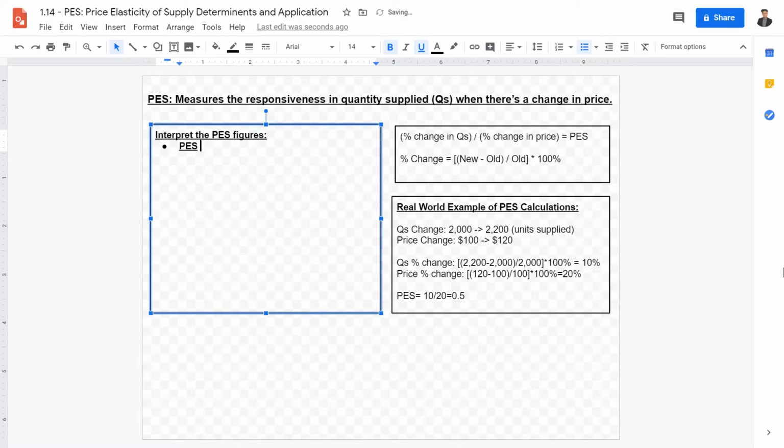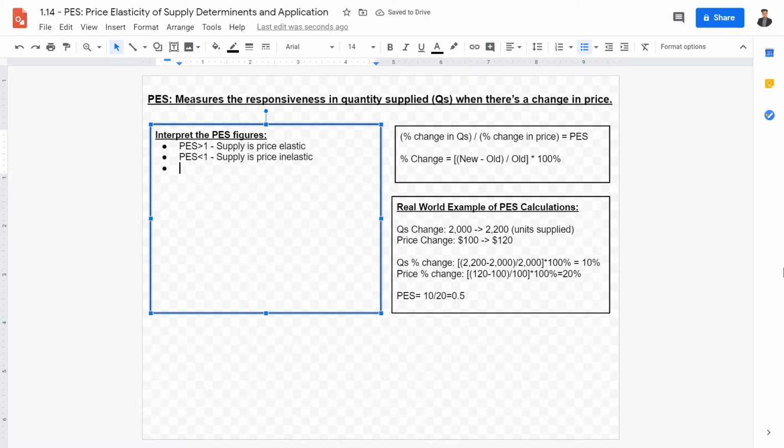Firstly, when PES is greater than 1, supply is price elastic. When PES is less than 1, supply is price inelastic.